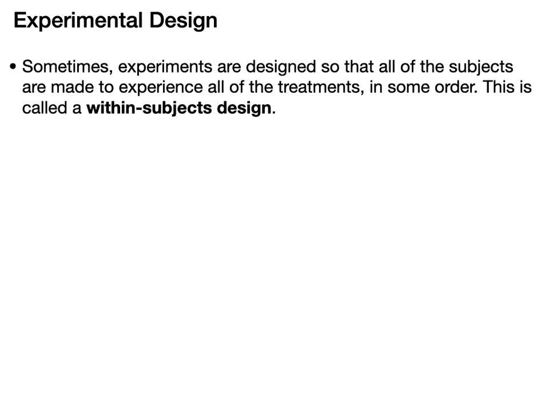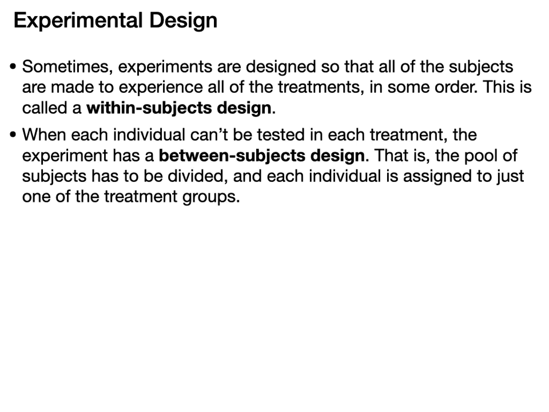This is called a within subjects design. When each individual can't be tested in every treatment, then the experiment has a between subjects design. That's when subjects get put into one group or another and they don't end up getting the treatment of the other group.